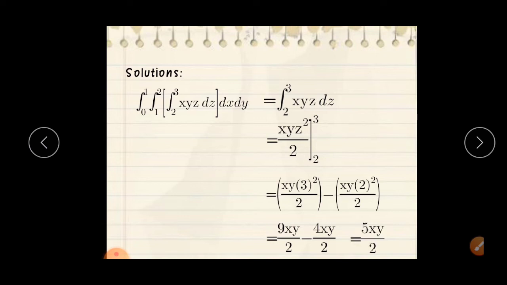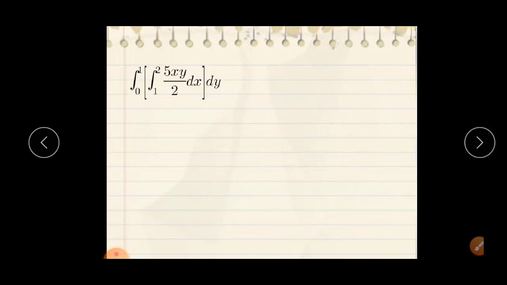The next thing to do is to replace the expression in the bracket with 5xy over 2. So now we have to integrate what is in the bracket: the integral from 1 to 2 of 5xy over 2 dx.